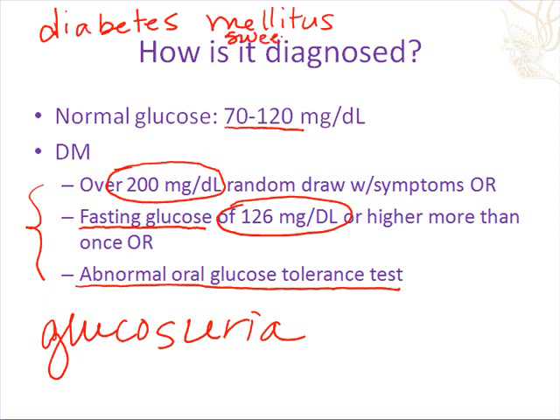Mellitus means sweet. Diabetes means to run through. In other words, the fluid runs through the body and comes out the other side, more or less. So this is sweet urine, and indeed, in the 1800s and early 1900s, before they had sugar test material for urine, the way that doctors diagnosed diabetes mellitus was to taste the patient's urine to see if it was sweet due to the presence of glucose.